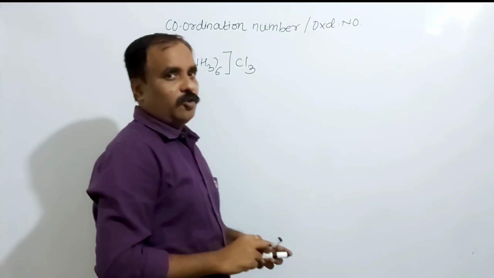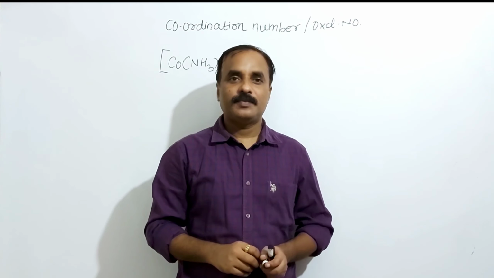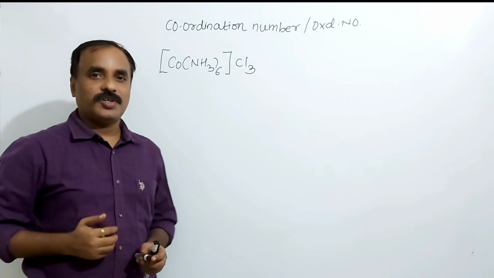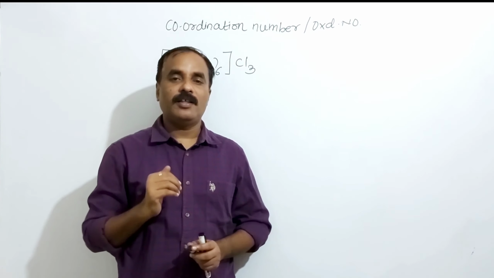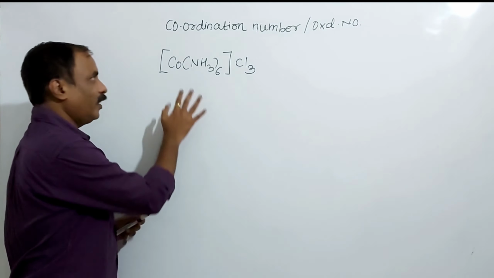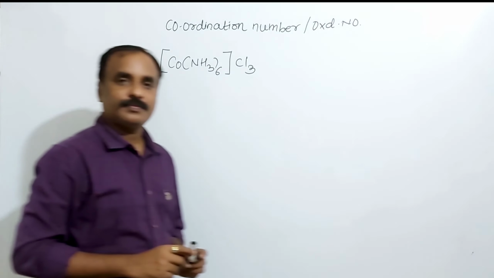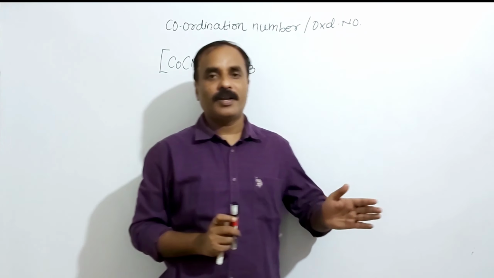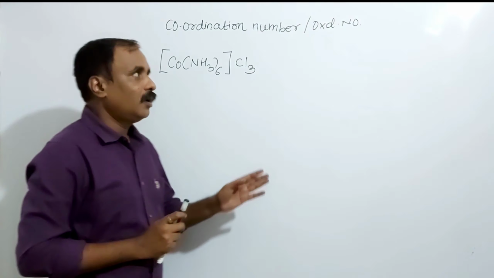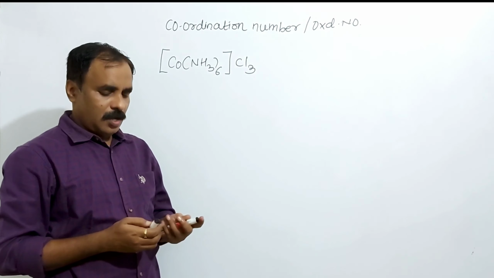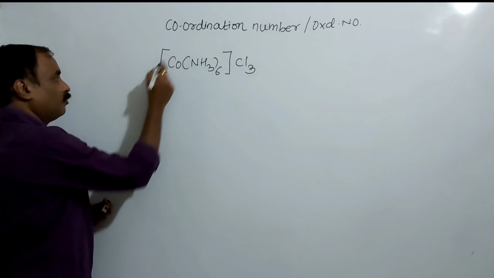If you want to write IUPAC nomenclature, remember the oxidation number is very important. It is the oxidation number, the charge on that metal in that complex. I have taken this example. We'll see later on how many types of complexes there are. Our interest is the coordination number and oxidation number. Remember how to find the coordination number.